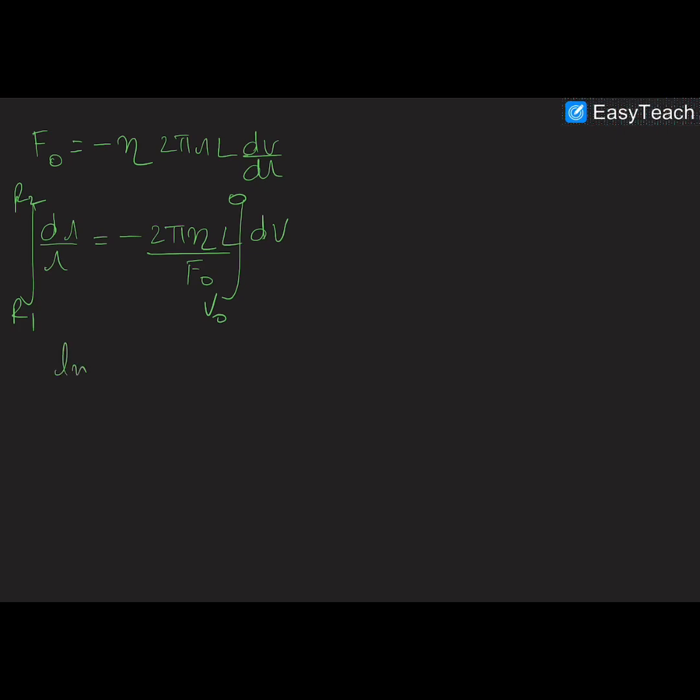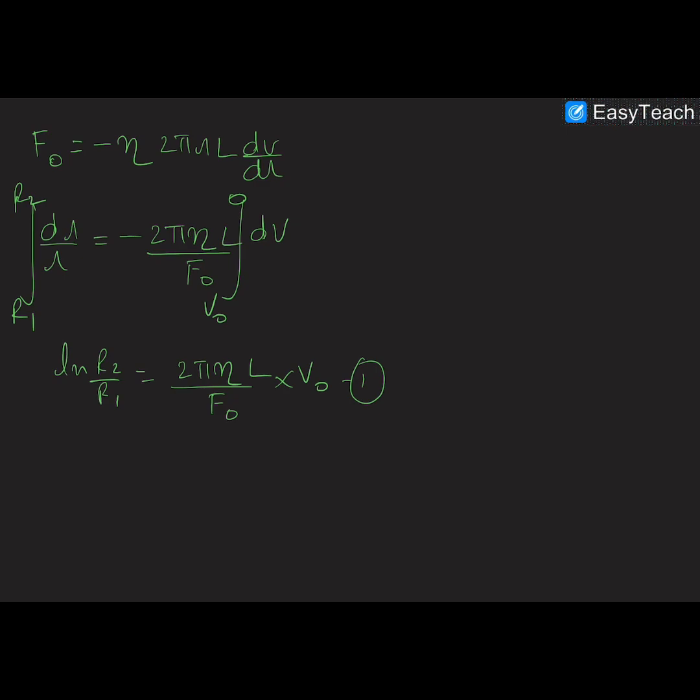So this is ln r2 by r1, and this is equal to 2 pi eta L by F naught into v naught. Okay, and this is the first equation.